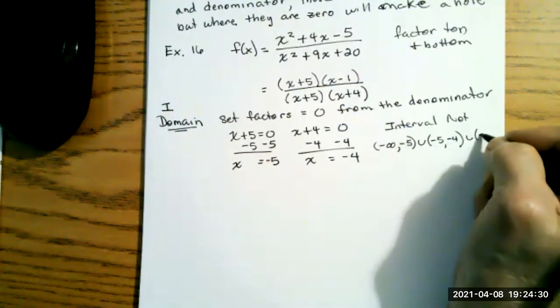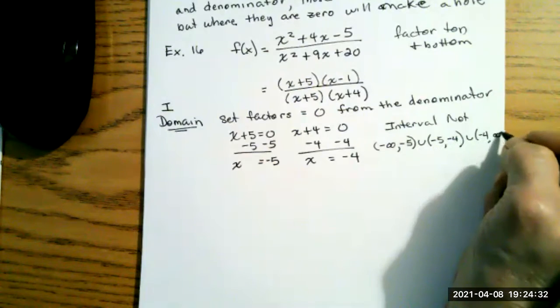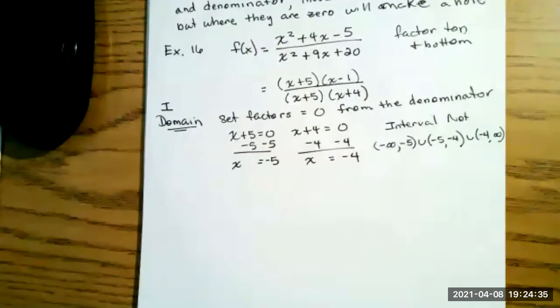And then I'm going to go from negative 4 to positive infinity. That's domain, and we've done that before. That's going to skip the negative 5 and skip the negative 4. Everybody okay with that? We good?